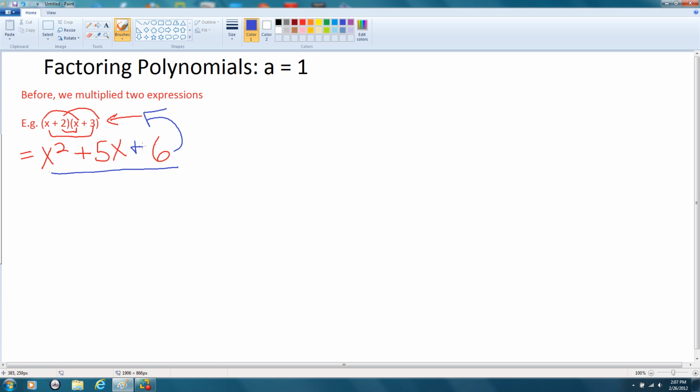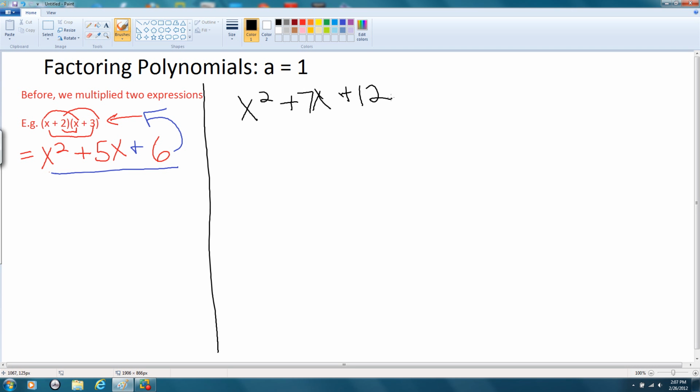So I'm going to start here, and I'm going to draw a line here. This is what we did before. Here's what we're doing now. Let's say I have the expression x squared plus 7x plus 12.